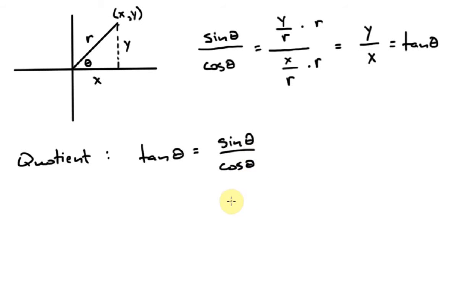Who would have thought? There's only one other of the quotient identities. And that is, what if I reciprocate this? I flip it over, I get cotangent, and that means I would flip this over. So cotangent is equal to cosine over sine. And there are the only two quotient identities.